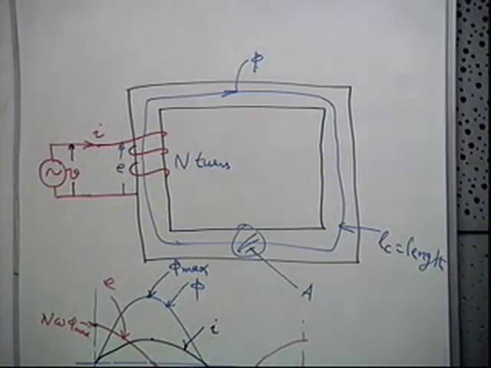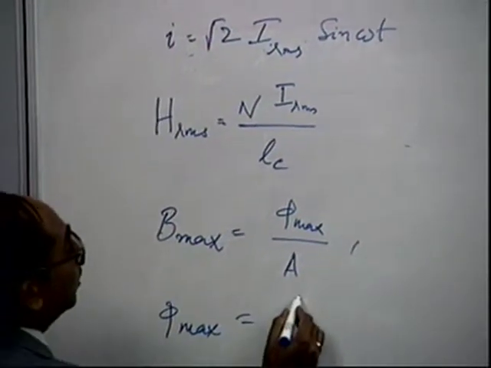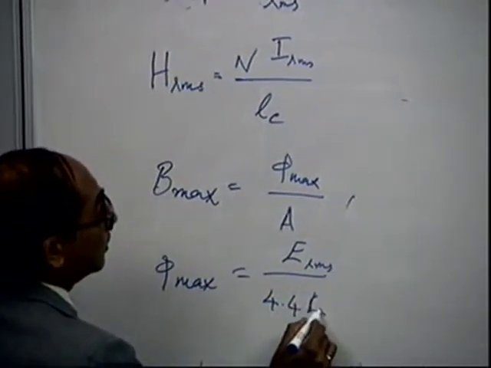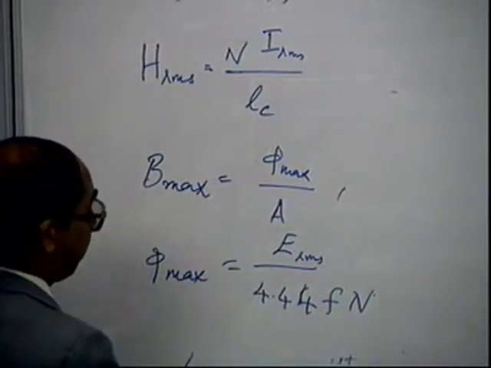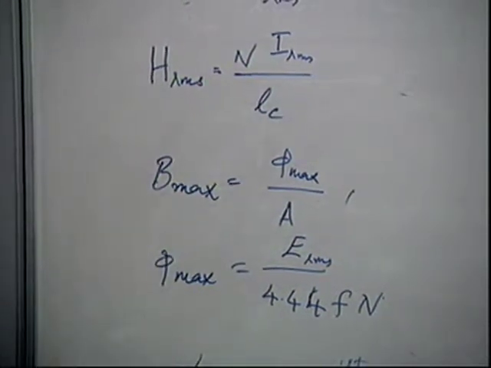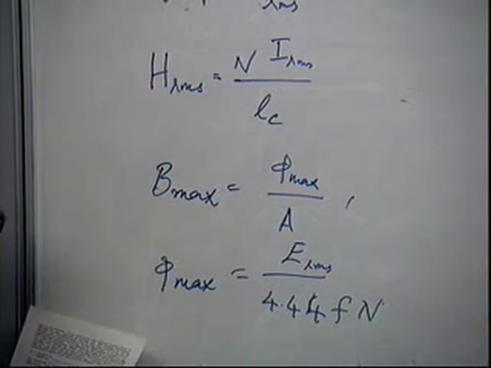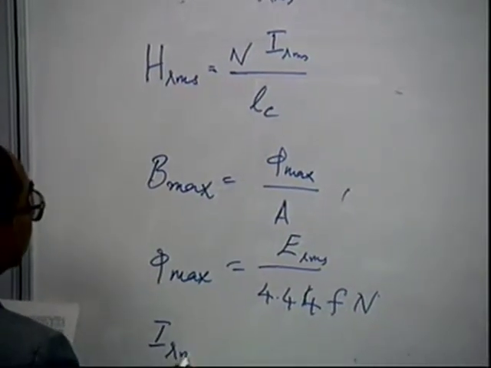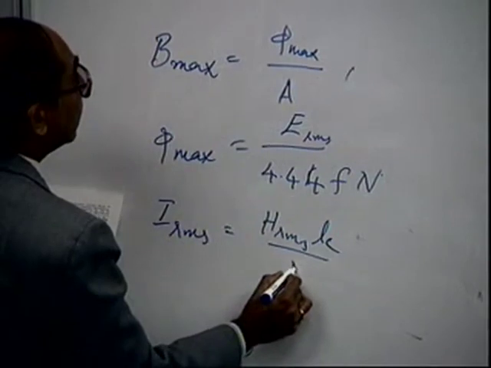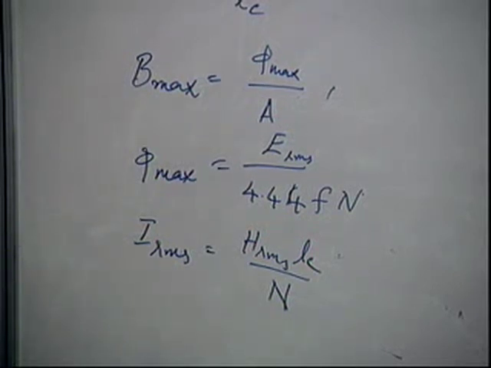Now we also have a relation: phi max is equal to E RMS over 4.44 into F into N. Okay, we have the phi max, and so I RMS is H RMS LC by N.